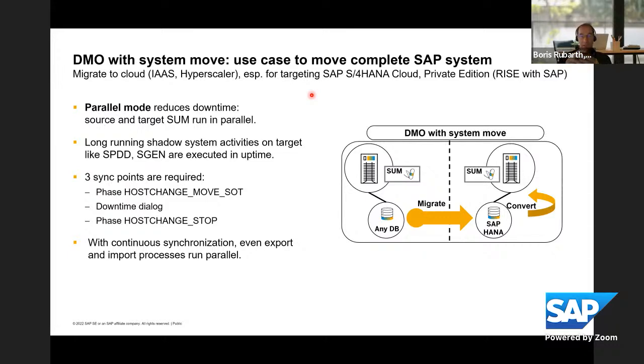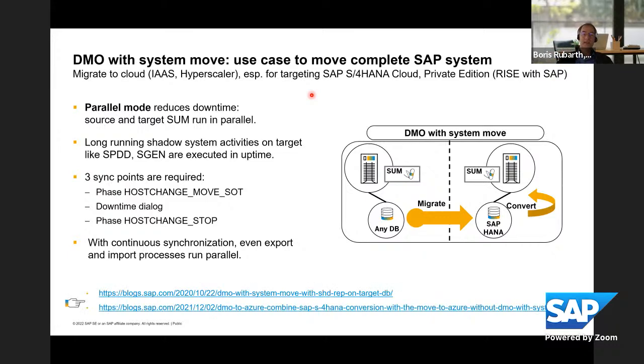It does not allow downtime-optimized conversion. So we have the strong recommendation to use the parallel mode for DMO with system move. But those advanced technologies that I've listed in the 3rd section, downtime-optimized DMO, downtime-optimized conversion, they are not supported for DMO with system move.